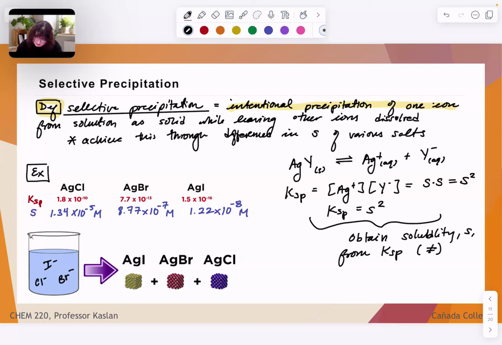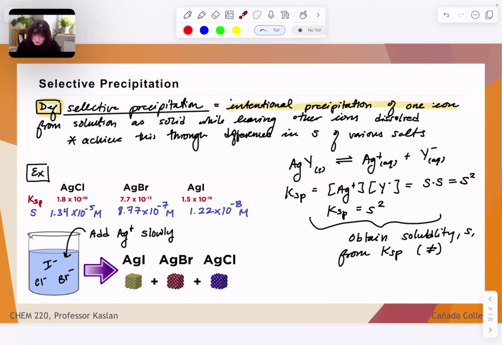And we are going to ask ourselves what would happen if I were to add silver ions slowly, so in small quantities, bit by bit, into this beaker. Because I'm adding silver, and I see that the solubility of silver iodide is least, then by the time I add this amount of silver ion, all of my silver iodide is going to become precipitated out.